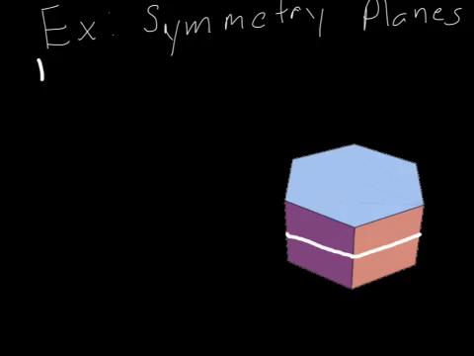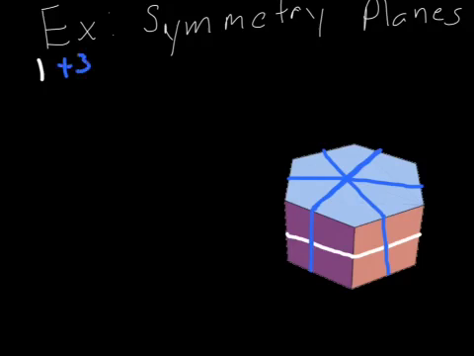Another symmetry plane will be one that cuts the prism in half this way from one side to the opposite. So it's going to cut down this way. That creates 1. We can also do that for these two, all the opposite sides. So there's 2 there, and then this one going this way. So we have 3 there.